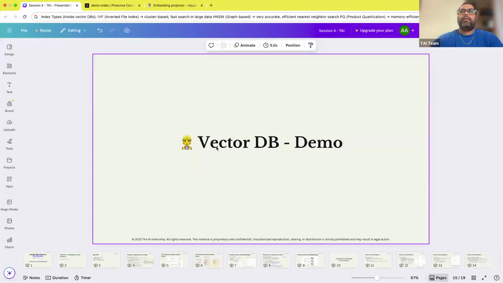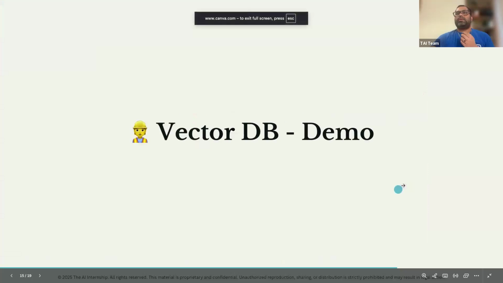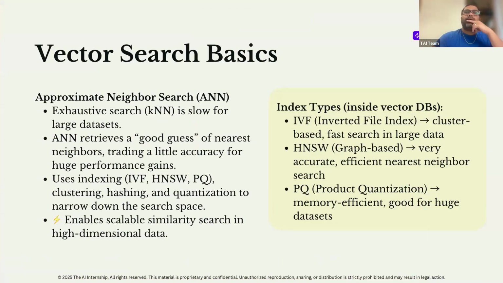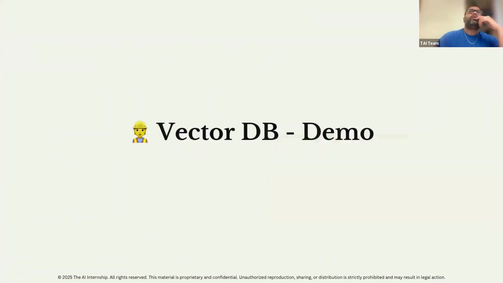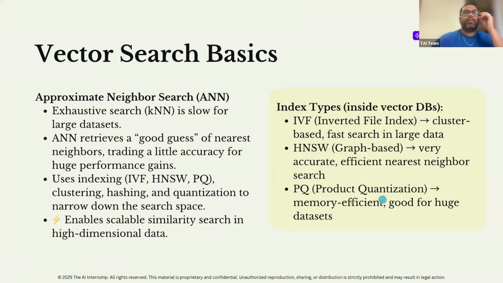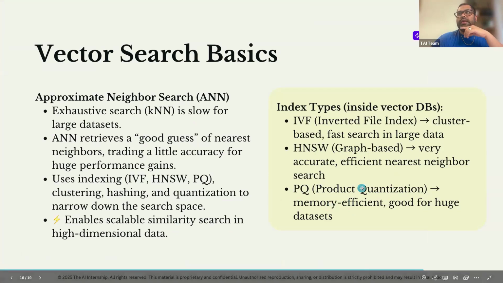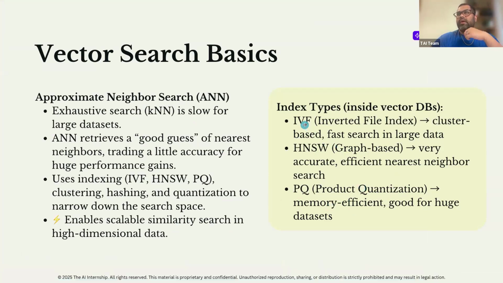Just a couple more slides. I think we discussed this part, but there are different kinds of index types, like IVF, the inverted file index, which uses a cluster-based algorithm, and HNSW, which is a graph-based algorithm.